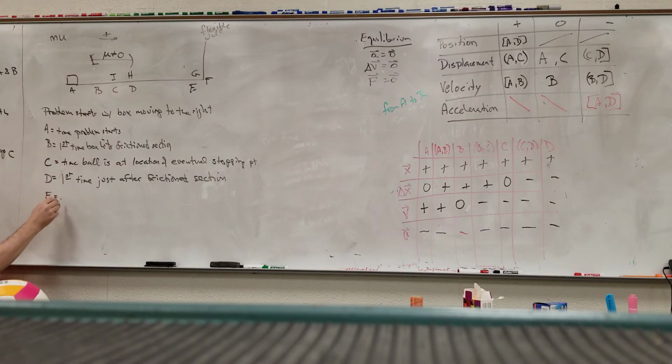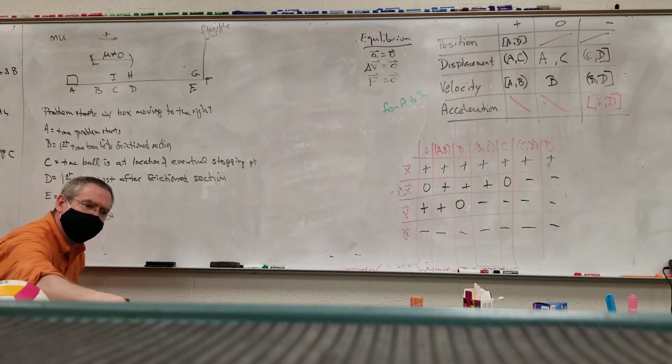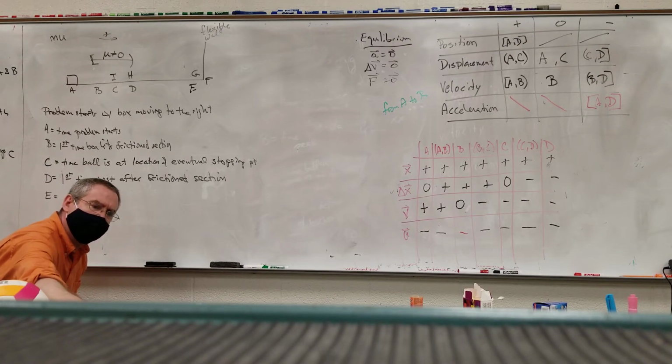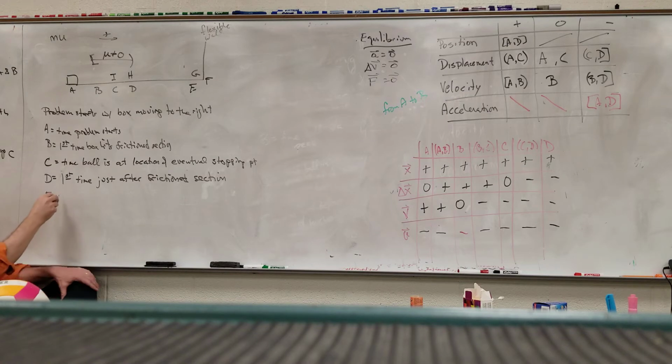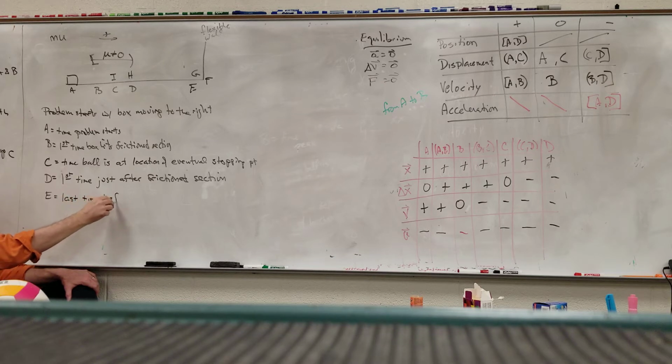E is, should I be consistent or just wing it? Yeah, I'll wing it. So E is last time before touching wall.